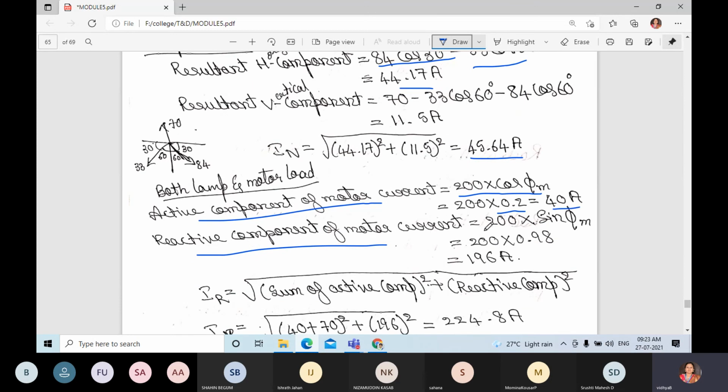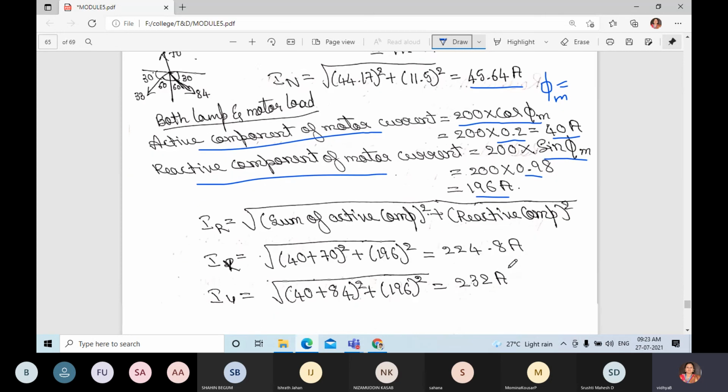Reactive component of motor current is 200 into sin phi m. First they have given cos phi m equal to 0.2, right? You need to find phi m, which is cos inverse of 0.2. First find phi m, next find sin phi m. You will get 0.98. Multiply, you will get 196 amps.